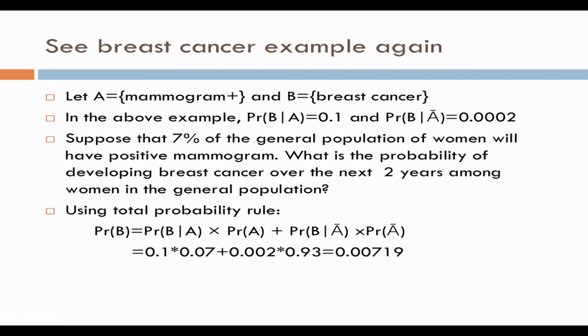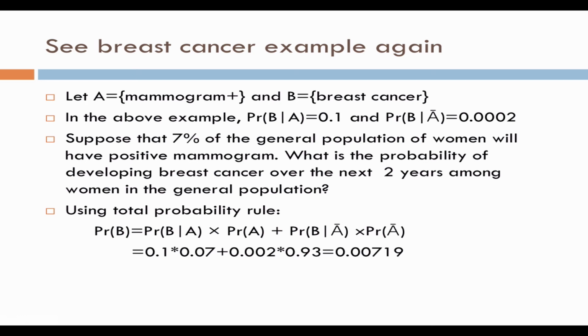And then we can also use this total probability rule here. Suppose our purpose is to estimate the probability of B, so to estimate the total prevalence of breast cancer in the general population.